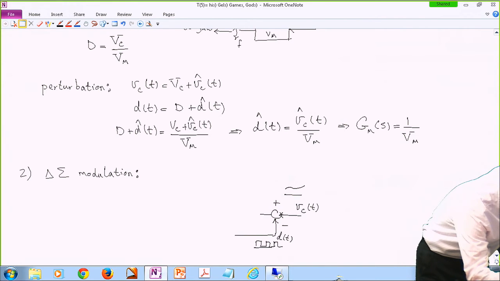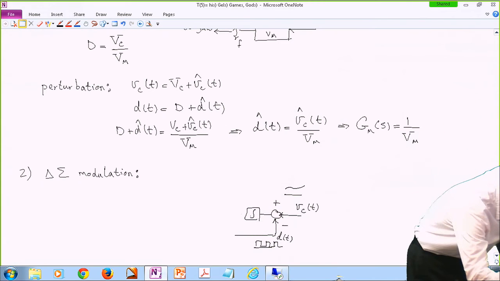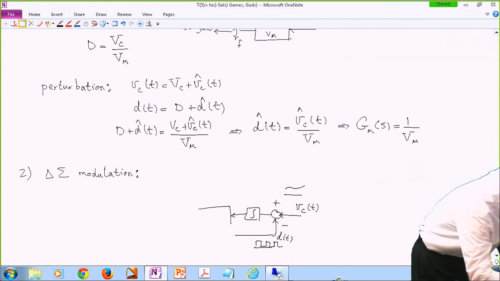And then you look at the difference between them and integrate that difference. When it reaches a certain threshold, then you have basically a quantizer over here. Then you kind of flip.